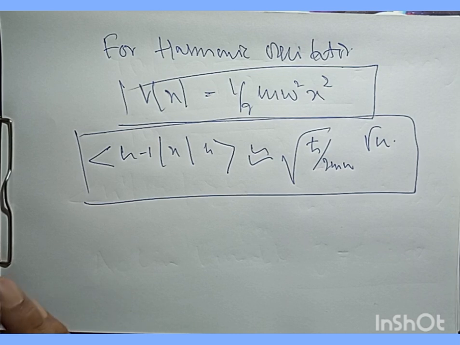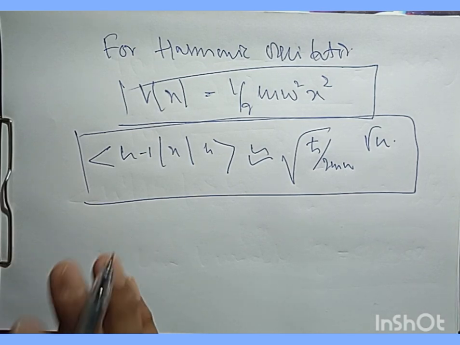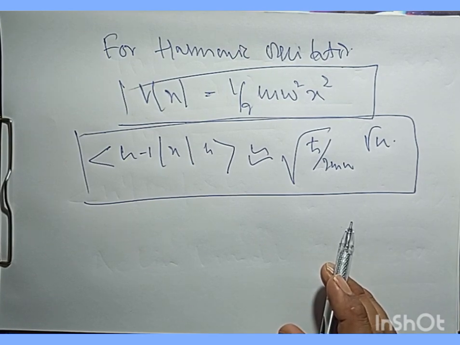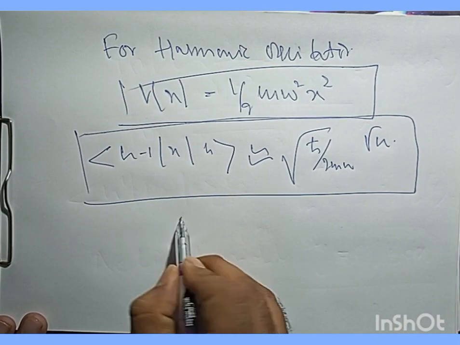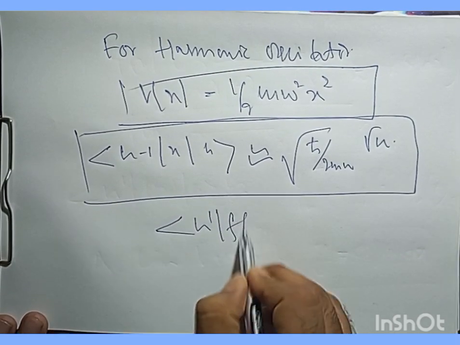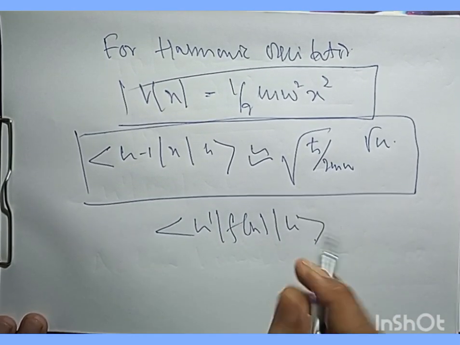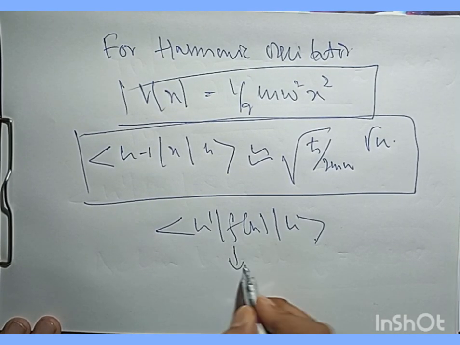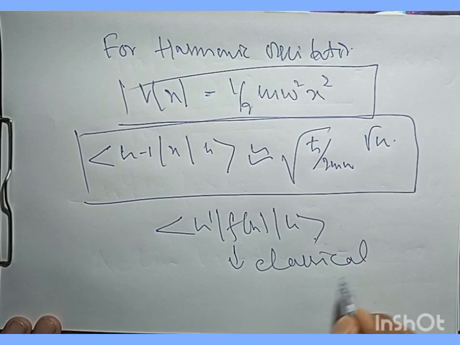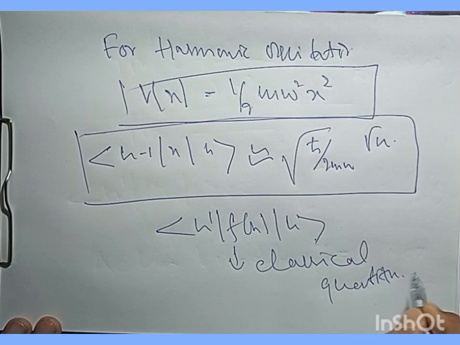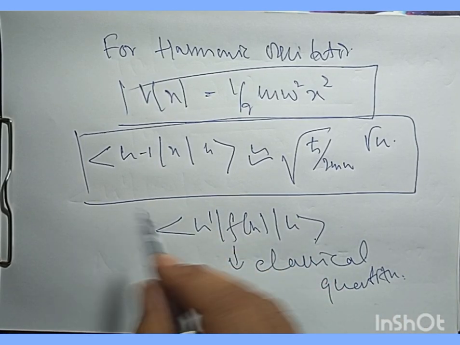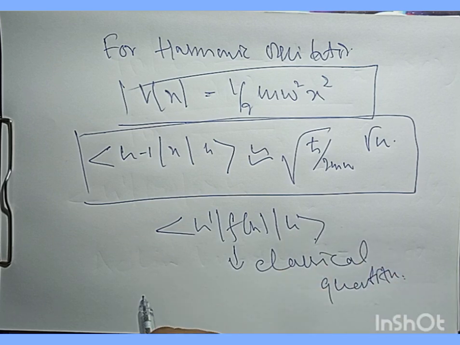If I have to summarize, in quasi-classical approximation, the matrix elements between the states, n prime f of x n, are evaluated using classical quantities. That's the important point. We evaluate these matrix elements using classical quantities such as action, that was the j of integral of p of x d x, and momentum.